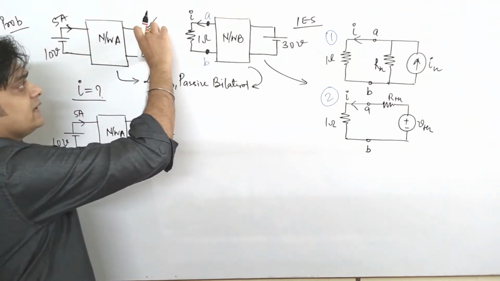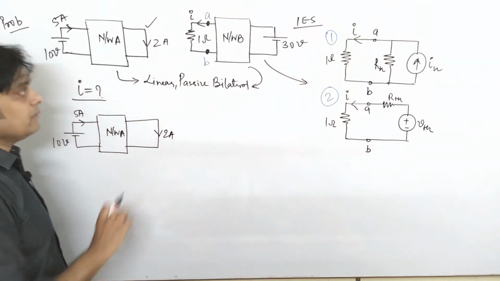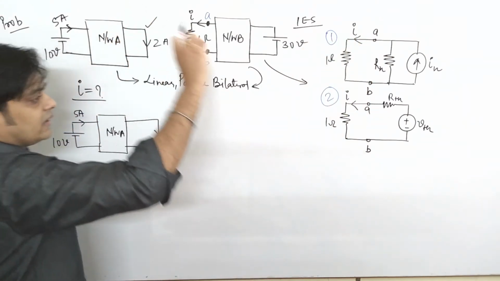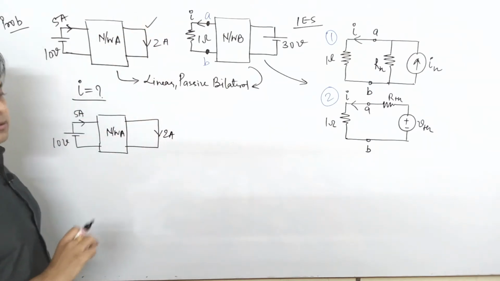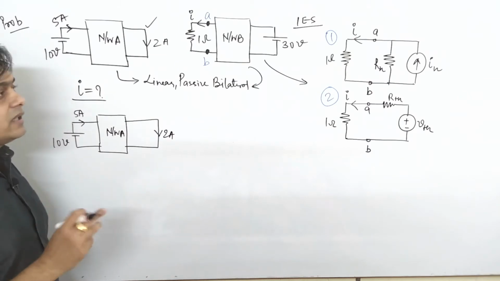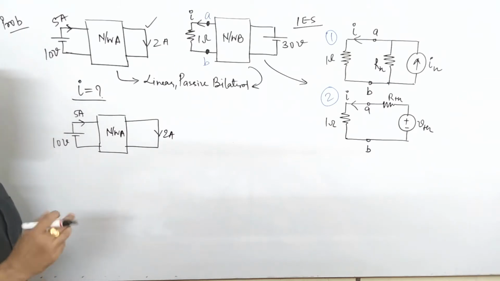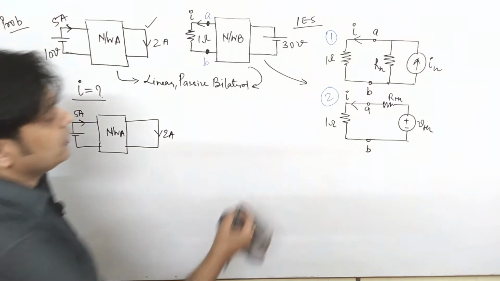Now it is short circuited, that's why I have taken the concept of Norton's theorem. If it is an open circuit, then I will take the concept of Thevenin's theorem. We will see that problem also, when there is an open circuit voltage appearing across these two terminals, in that condition how we will find the value of I and V given in the network. So from here, yes, I am applying the concept of Norton's.